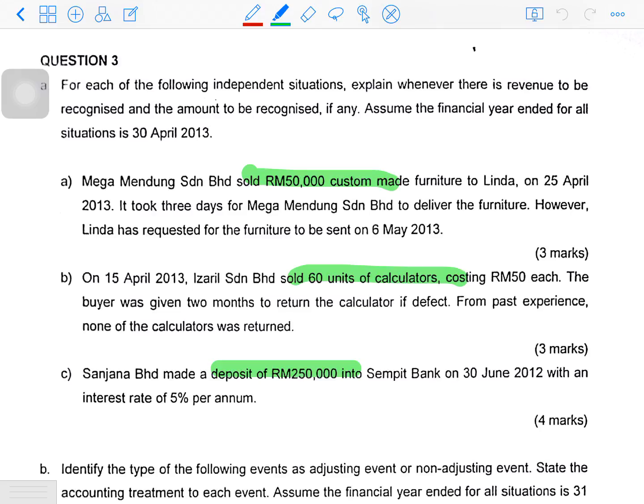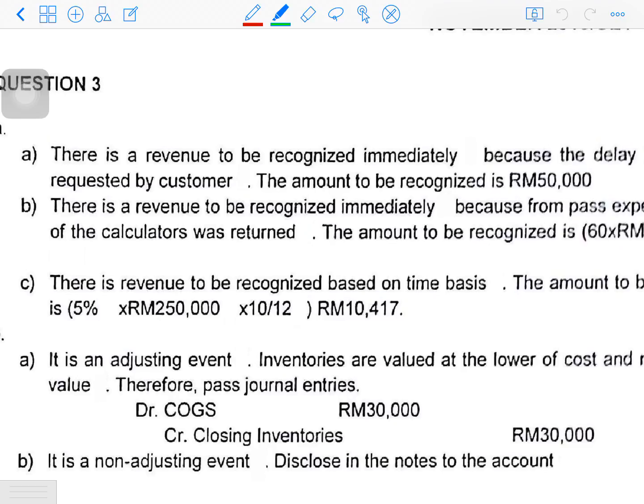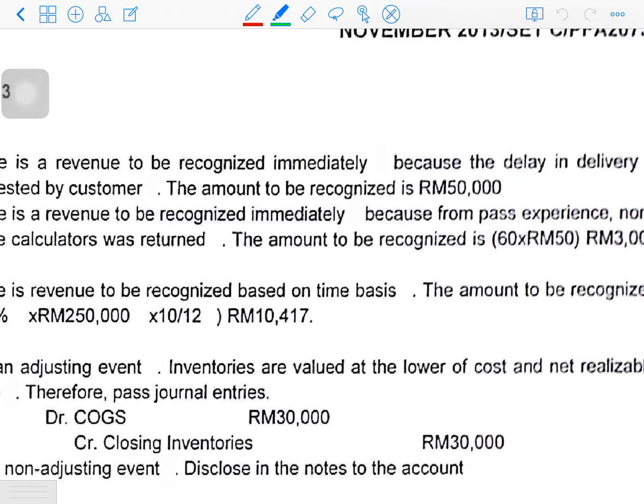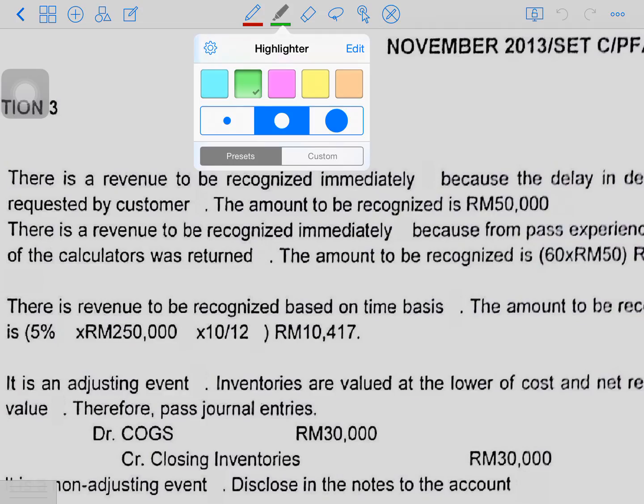Okay? So here, what you should do? Okay, the answer is revenue is recognized immediately because the delay in delivery is requested by customer. Okay, delay requested by customer.